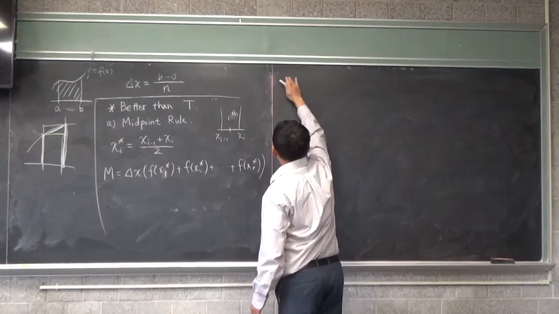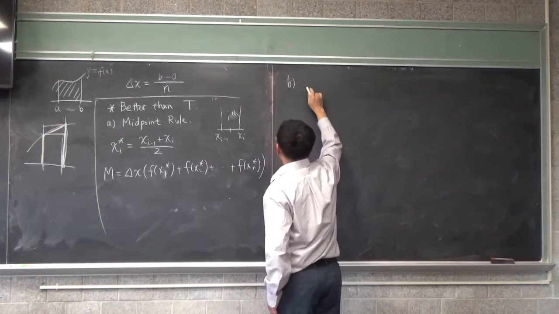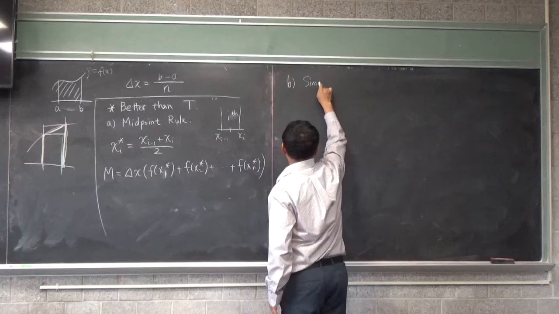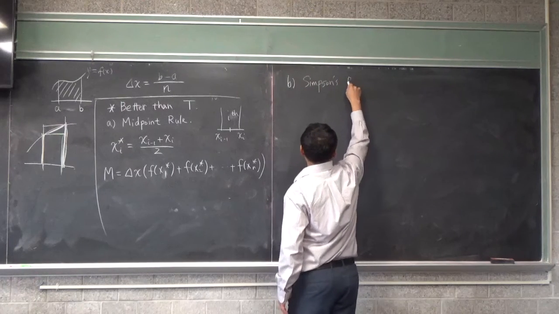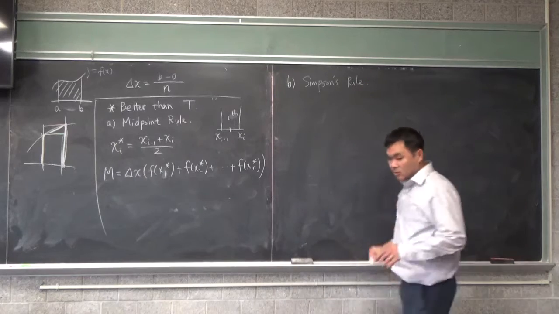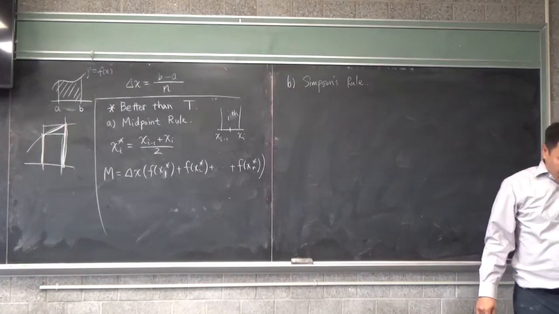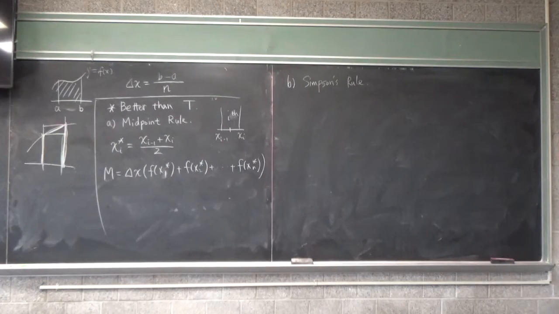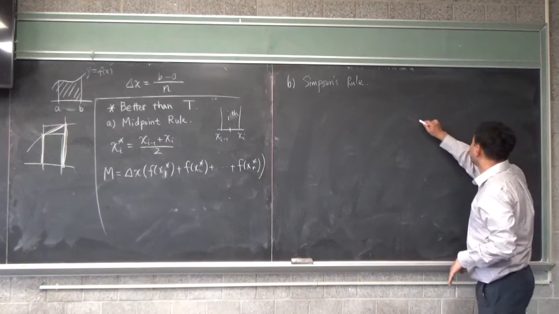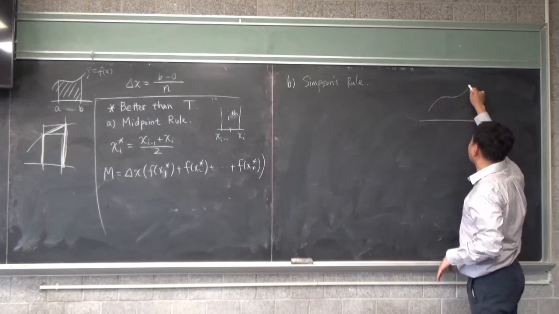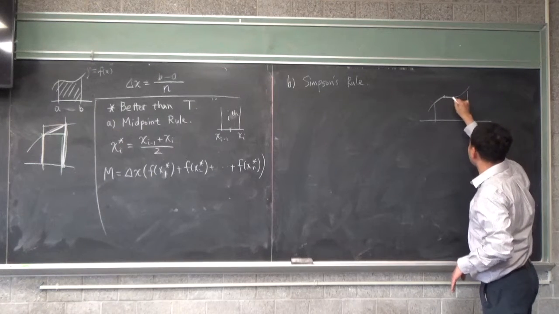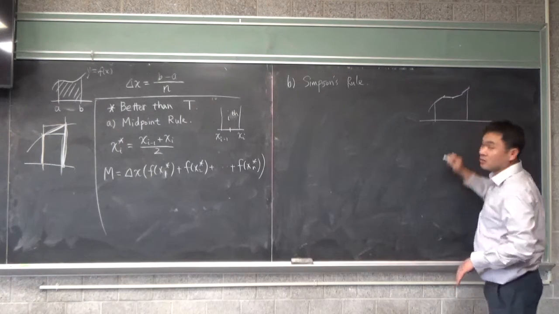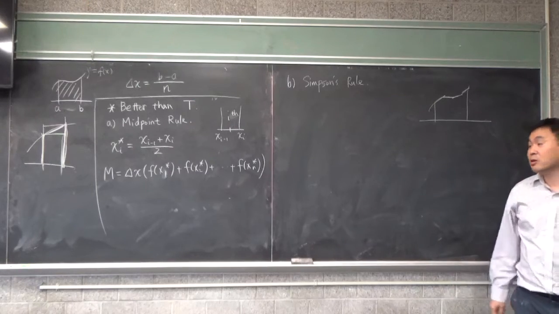Then the last one that we have to learn is called the Simpson's Rule, the Simpson's method. And Simpson was an American mathematician, and he was looking at the fact that trapezoidal rule approximates the function using straight lines, right?